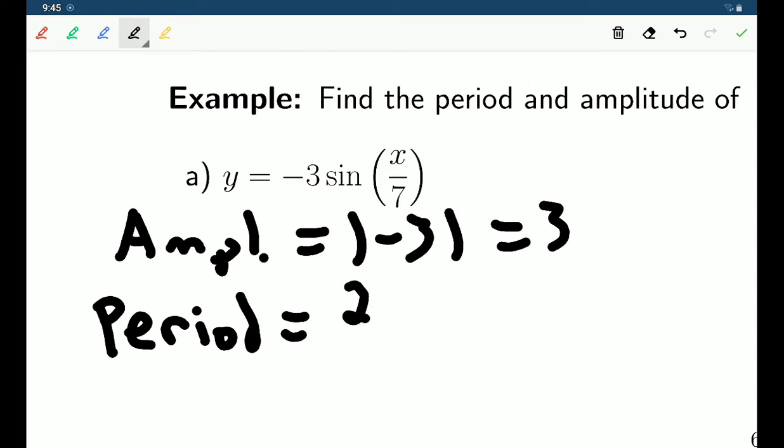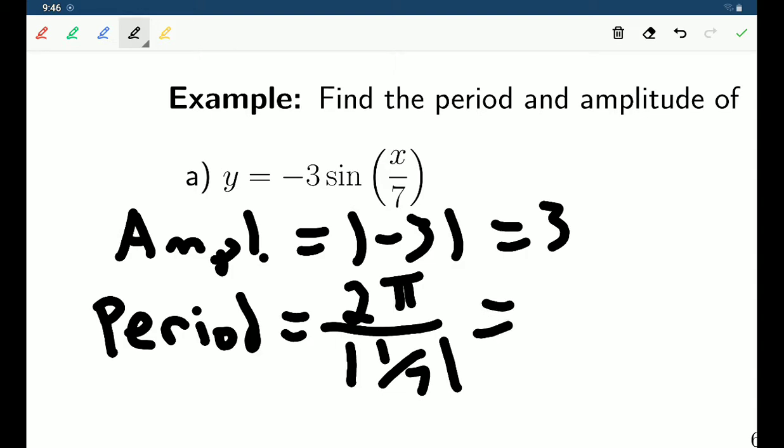The original period is 2 pi, and we're dividing that by 1/7, so our period for this function would actually be 14 pi. Every 14 pi is how long it would take to make one full cycle. And after 14 pi, this sine function repeats itself again.